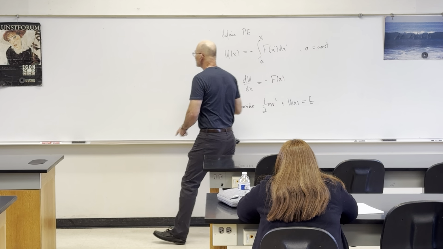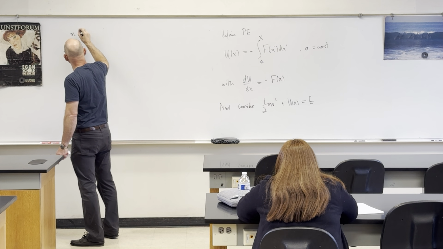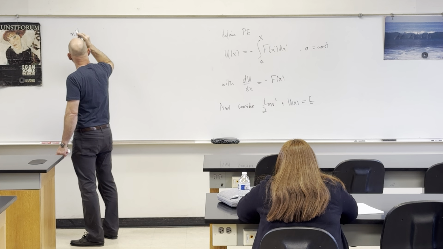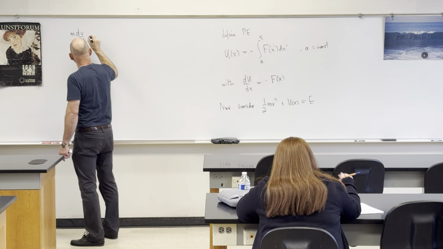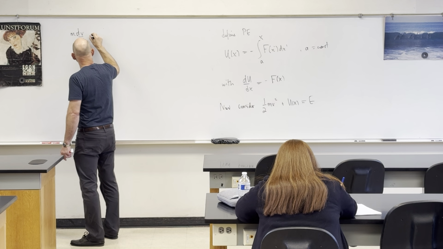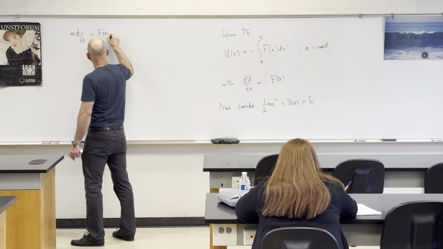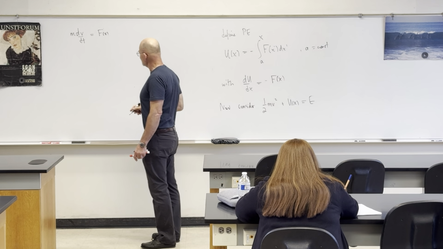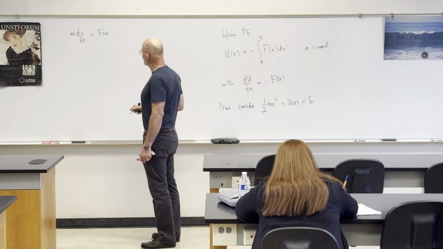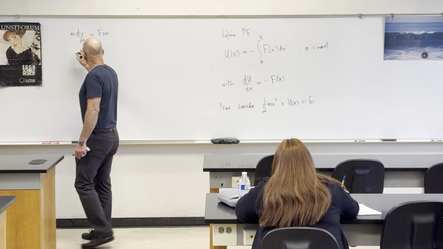So actually, before we consider this, let's just go ahead and remind ourselves that we have m dv/dt equals F of x. Now we can multiply both sides.